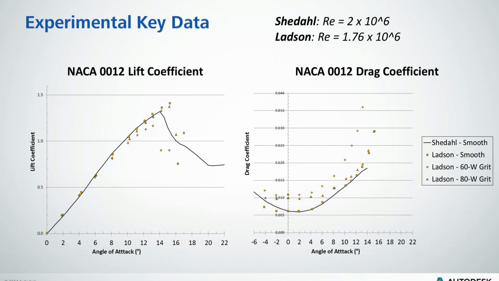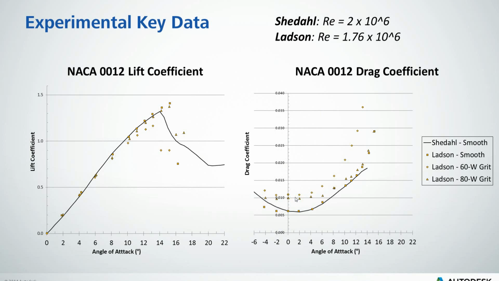With the drag, there's a very noticeable, nearly 100% difference between the smooth results, which is that lower trend down here on the right, versus the tripped results, which is a little bit higher. There's a fairly noticeable divergence between the 60 and 80 grit results.